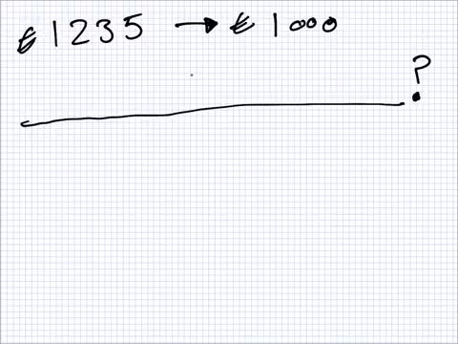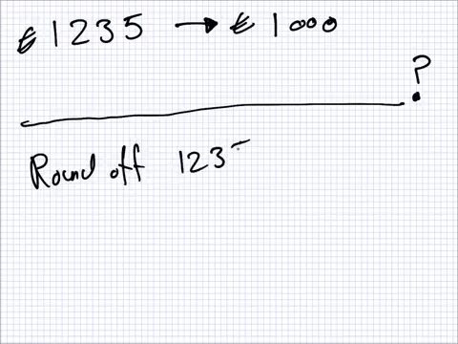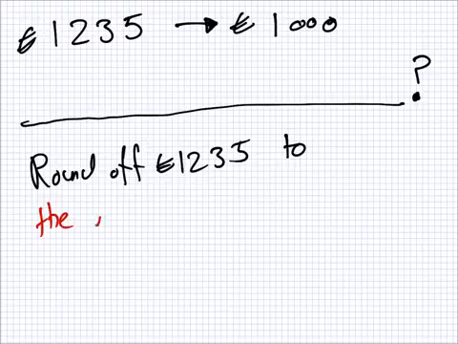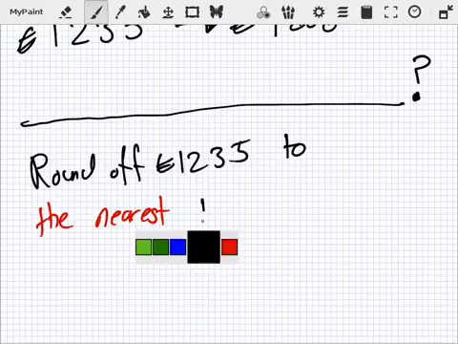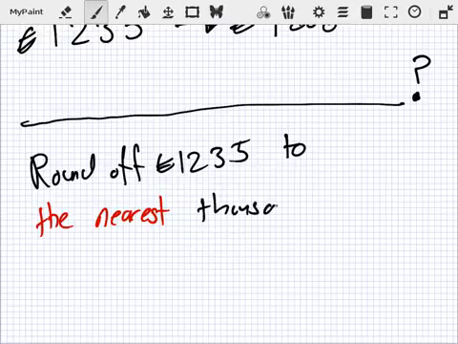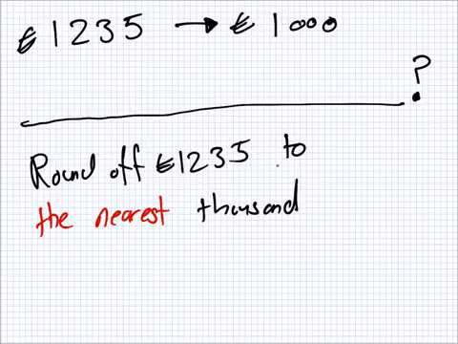Yeah, you're very, very close. The teacher would say it like this: round off 1,235 to the nearest thousand. So you almost have it.